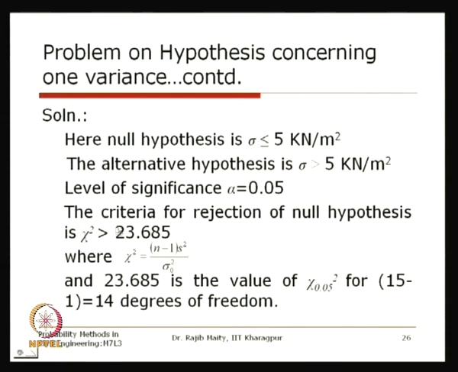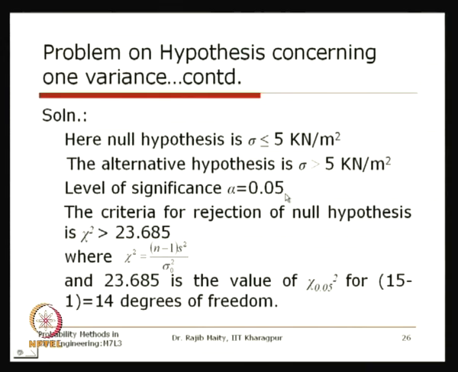23.685. Now, where did we get this 23.685 from? It is the value for alpha 0.05, where the chi-square distribution has degrees of freedom equal to 15 minus 1, which is 14.